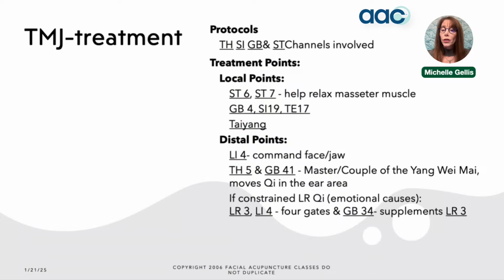You might treat gallbladder 4, SI 19, Sanjiao 17, Taiyang, and then using some distal points like large intestine 4, which is a command point for the face and jaw, Sanjiao 5, gallbladder 41, which are the master couple point of the yang wei mai. And if they have constrained liver qi and they're grinding their teeth, you could do liver 3 and liver 4. And you can combine some other points, such as gallbladder 34, which can help to supplement liver 3.